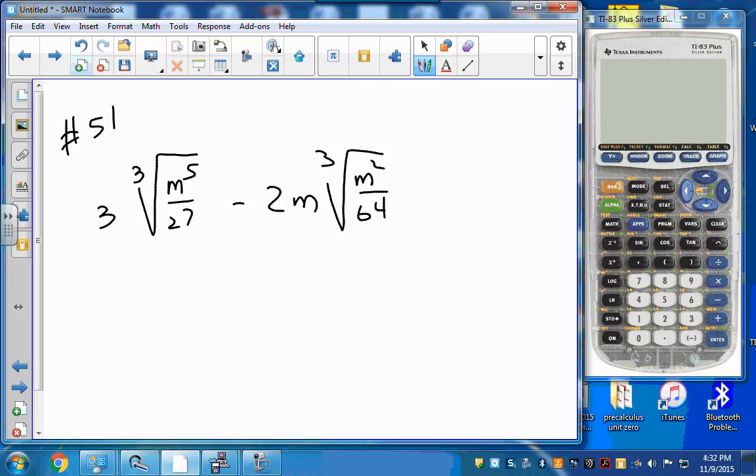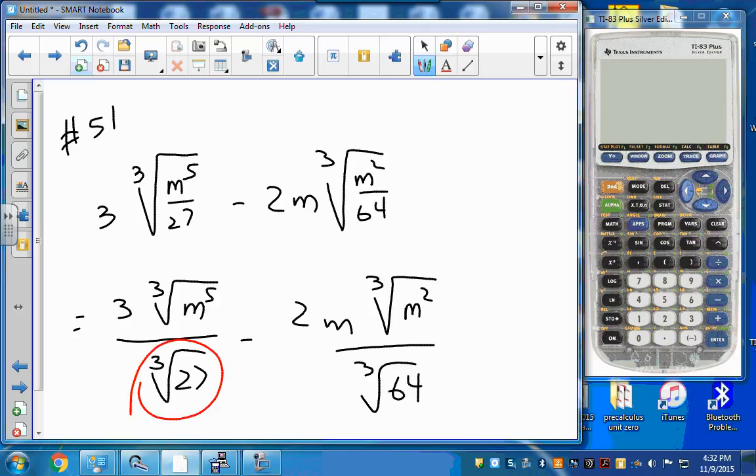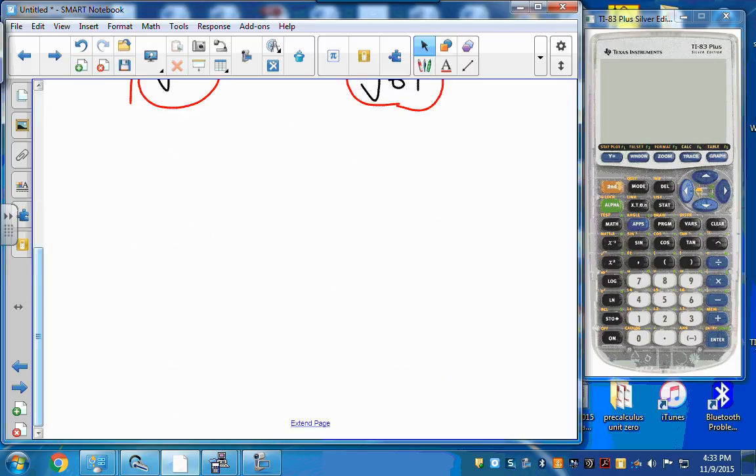And I'm going to write it this way: cube root of m to the 5th over the cube root of 27, just breaking this cube root of a fraction into a fraction of cube roots. And do the same thing here, cube root of m squared over the cube root of 64. The reason I'm doing that is because I should know what the cube root of 27 is. I should also know the cube root of 64.